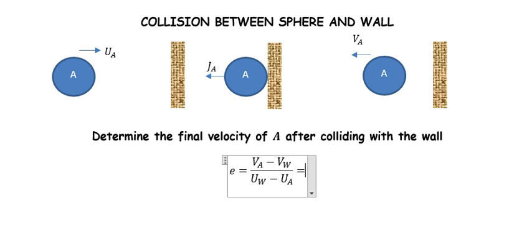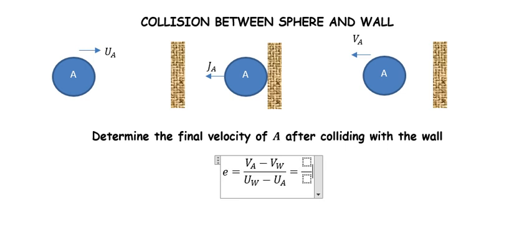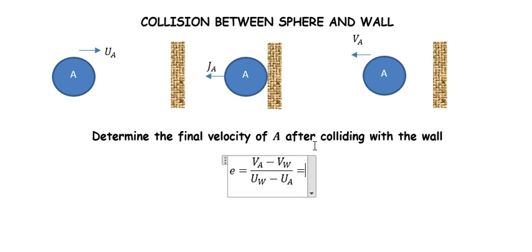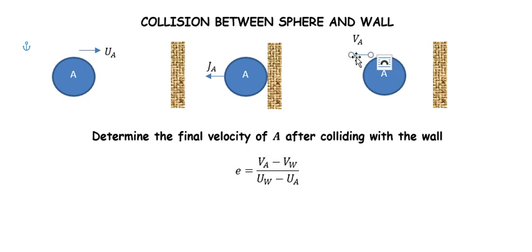Now let us look at this. Let's come back here. This VA is the velocity. It is pointing in which direction? It is pointing to the left, so it therefore means that we have to attach a negative sign to it. This negative sign indicates that it is pointing to the left, and this VA value itself is just the speed.